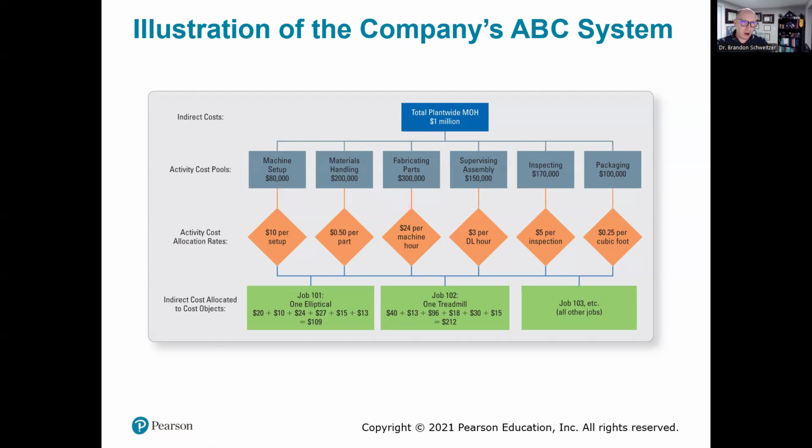We broke it out by activity pools: machine setup, materials handling, fabrication of parts, supervision, inspections, packaging, etc. We found out what it would be for each activity's rate, and then we applied that to each job to get our actual application of overhead. As I mentioned, this is a great way to minimize distortion in terms of the actual cost.